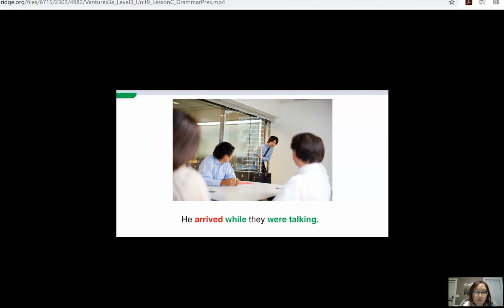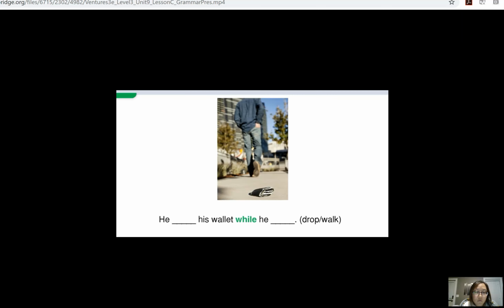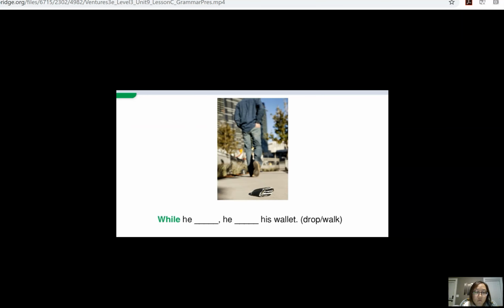He arrived while they were talking. While they were talking, he arrived. He dropped his wallet while he was walking. While he was walking, he dropped his wallet.